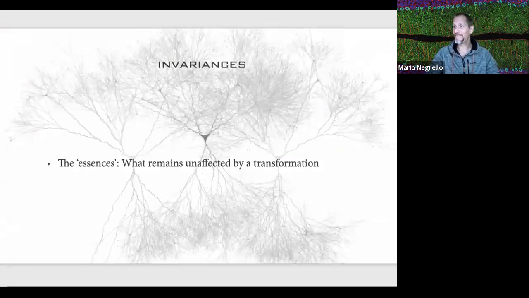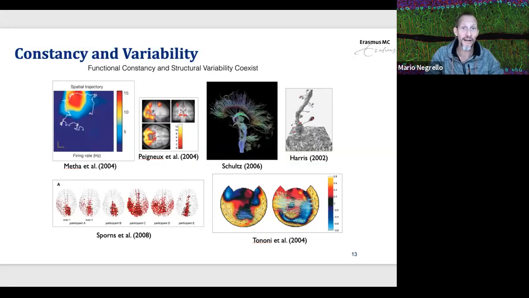So I just told you that invariances, the essence, is what remains unaffected by a transformation. And I want to think a little bit about this: in the brain, you look at stuff and everything is permeated with variability. Stuff is all over the place. Neuronal dendritic trees change, the neuronal ion channels change, the neuronal structures change, the cortical thickness changes, and your photoreceptors are different from your friend's.